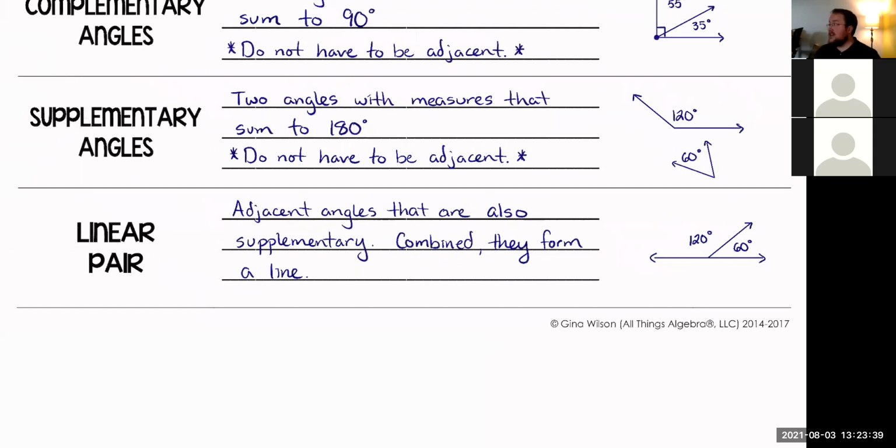So in other words, linear pairs are always supplementary, but supplementary angles aren't always necessarily a linear pair. But they are related to each other.